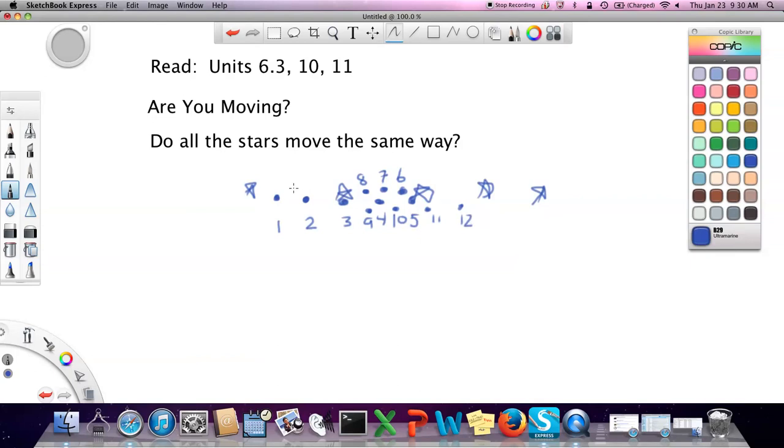If we were to draw that out, it goes something like this. Forward, forward, forward. Back around, and then forward again.